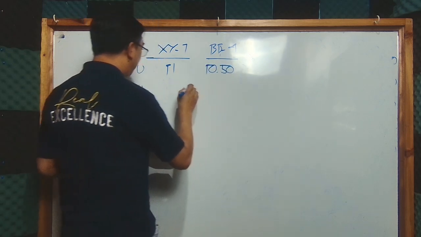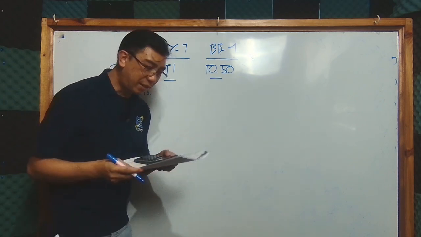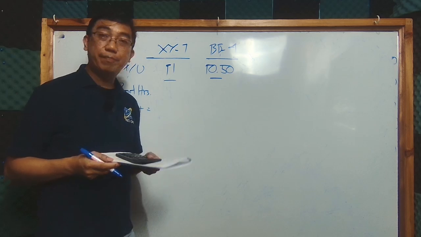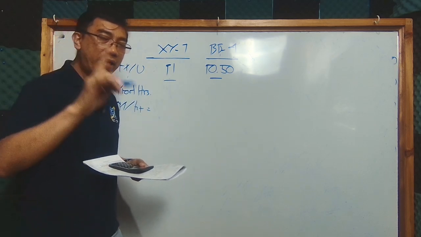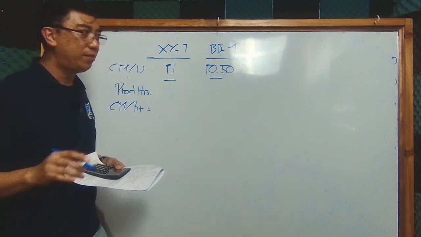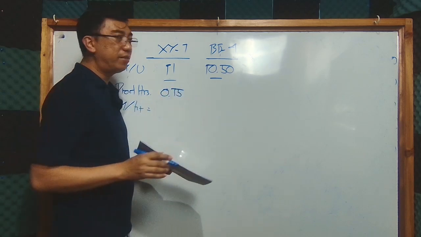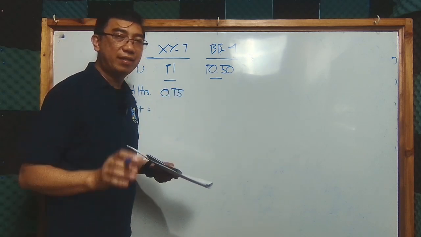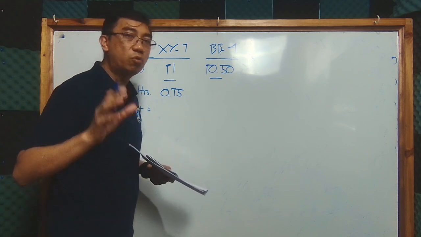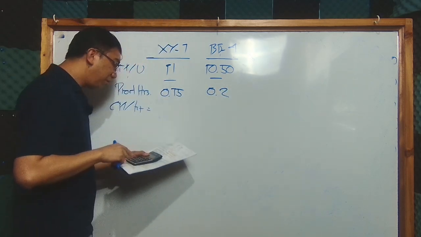Ang twist lang dito, class, is the production hours. Nabanggit natin kanina ang XY7 is 0.75 hour kasi 1 peso per hour. 0.75 yung fixed cost niya. So that is 0.75 hours. In contrast, si BD4 naman, class, that's 20 centavos or that's 0.2 hours. Di ba? Something new.